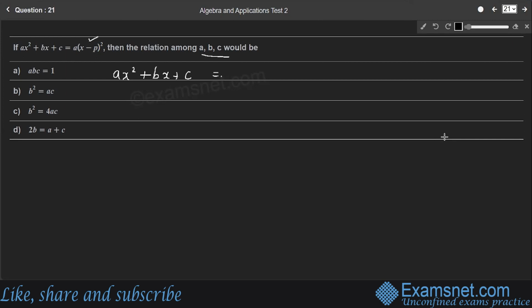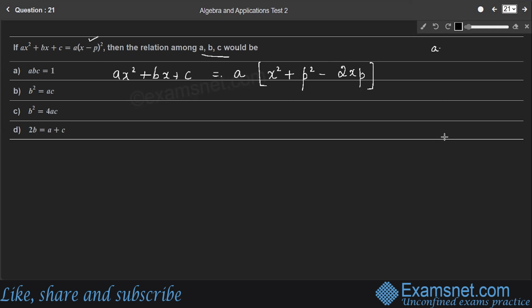Let us expand (x minus p) the whole square, into a. So a into (x minus p) the whole square, which is x square plus p square minus 2xp.